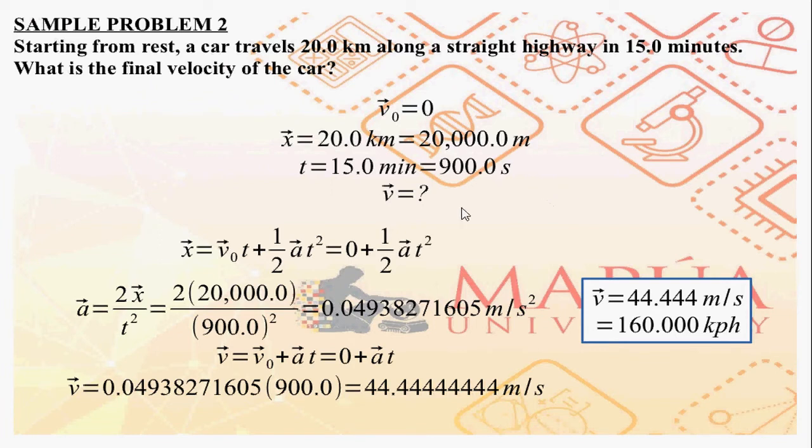Now, the question is, is this uniform acceleration or non-uniform acceleration? As mentioned in the previous video, for a non-uniform acceleration problem, the problem will typically give you an equation that will describe the motion of the object.